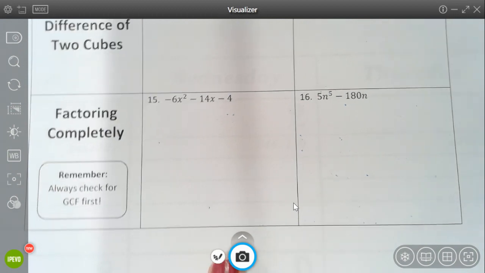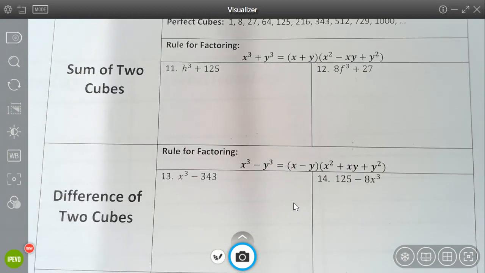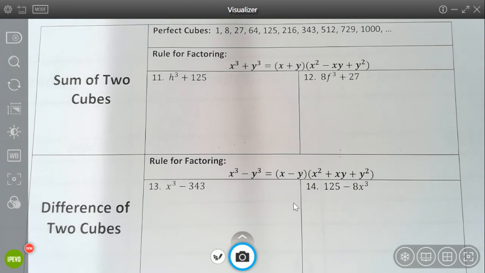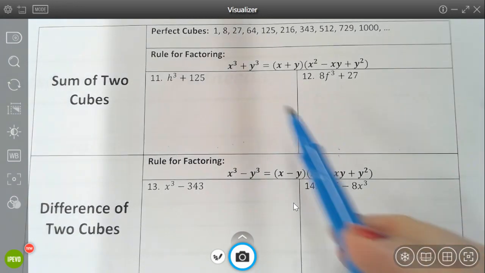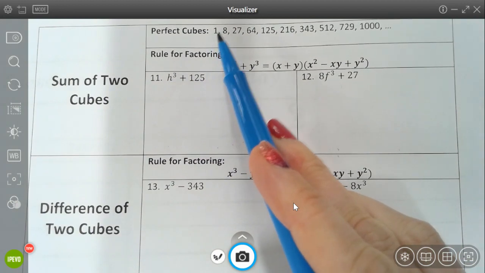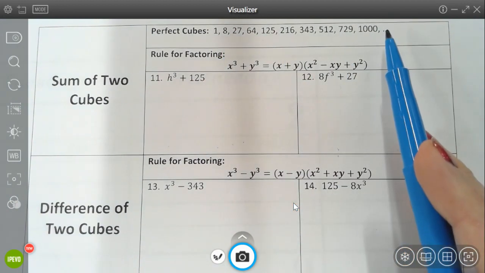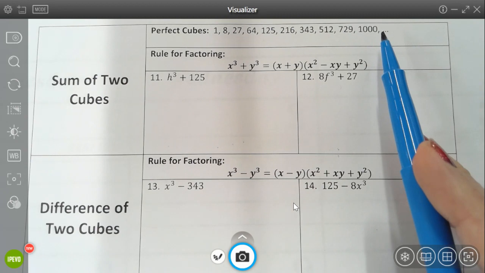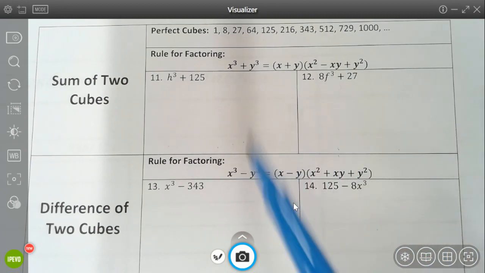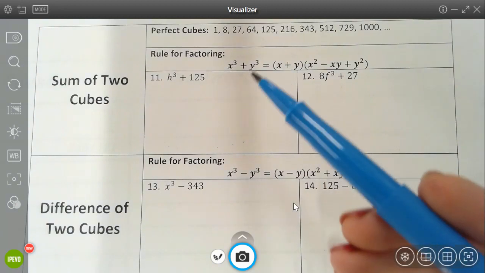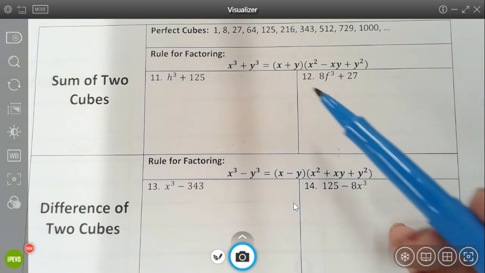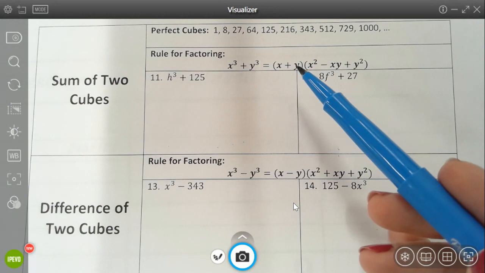The other type of special binomials we have is when we have a sum or a difference of two cubes. Now, I gave you a list of perfect cubes from 1 through 10 there, so that's a good idea to look at. And the rules look very similar whether it's a sum or a difference. The main thing is that when it's a sum, you put x plus y.